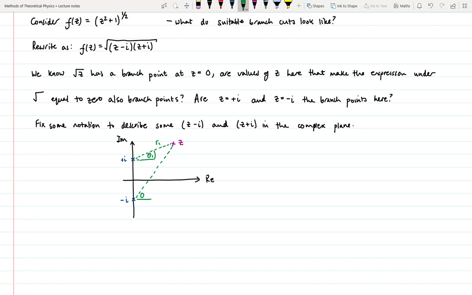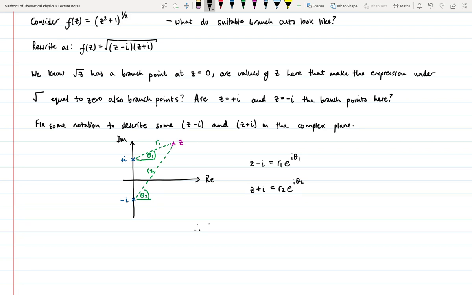And this angle here is θ2. And this distance or modulus here is R2. We now write that the complex number z minus i is given by the modulus R1 times e to the i θ1. And similarly, the complex number z plus i is given by R2 e to the i θ2.